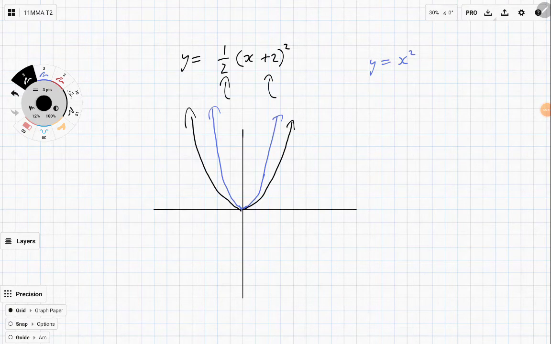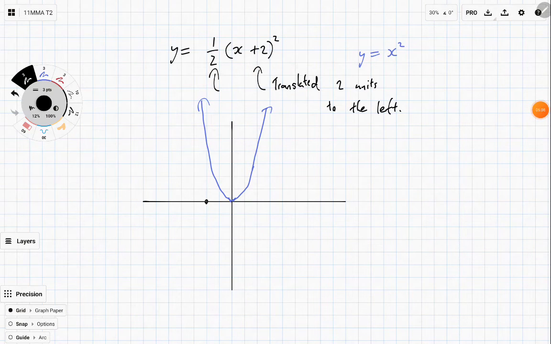So that is translated 2 units to the left. Alrighty. So 2 units to the left would move the turning point there, and now we can sketch the same shape, just moved over a little. And that would be y is equal to a half times (x plus 2) squared.